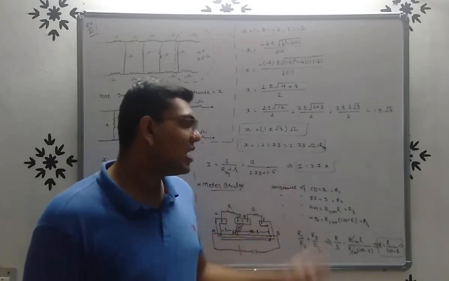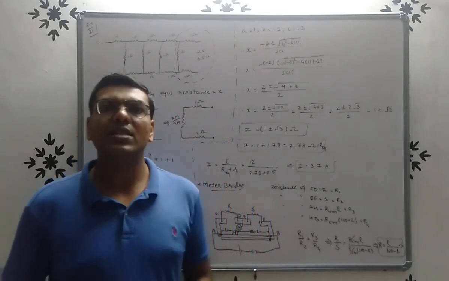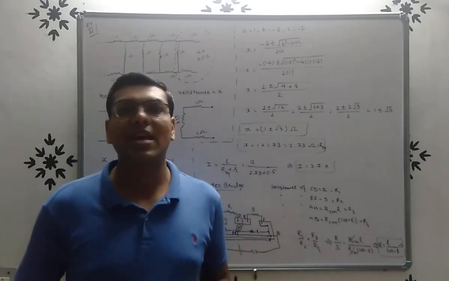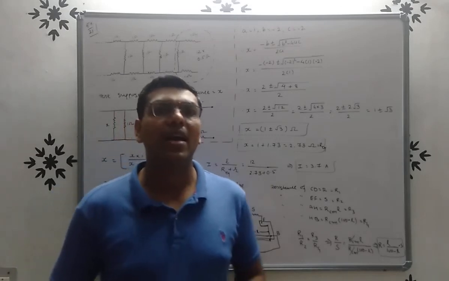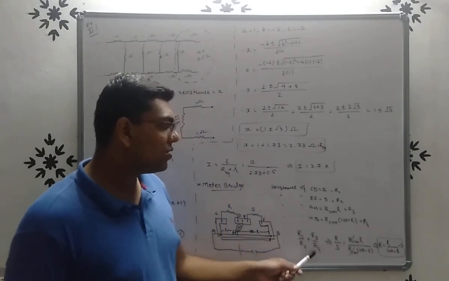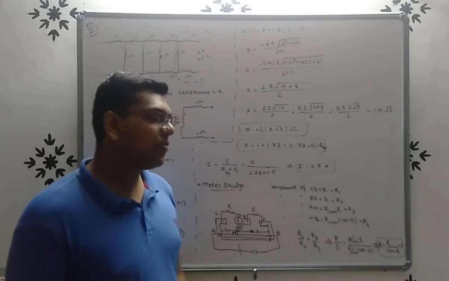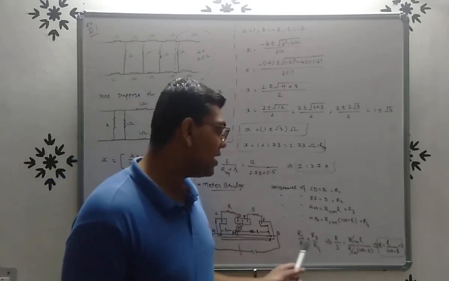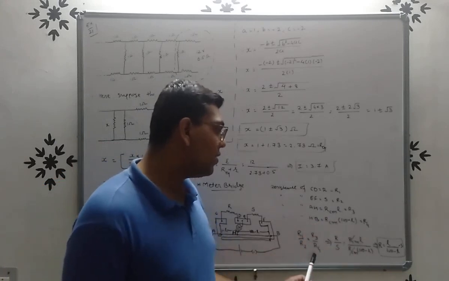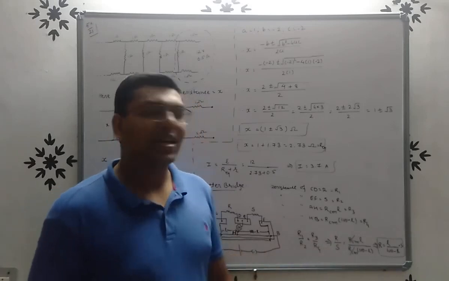So here friends there are 4 resistors. So simply this meter bridge acts as a Wheatstone bridge, and we know the formula of Wheatstone bridge, R1 upon R2 is equal to R3 by R4. Then we put the values of R1, R2, R3 and R4: R1 is R, R2 is S, R3 is RCM into L, R4 is RCM into 100 minus L. So here RCM cancels.